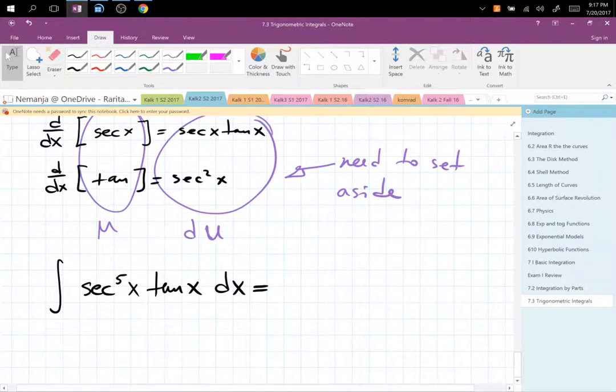If I set secant squared aside, it leaves me with a secant cubed, but the Pythagorean identity can only take even exponents, right? And you have secant cubed. So the second line cannot work on this problem at all. So what I'm going to do is peel off one secant and leave the 4th power on the pile.